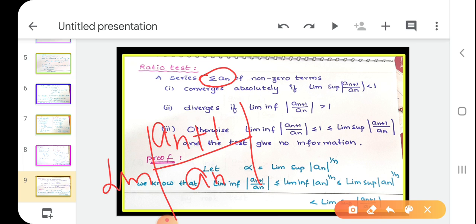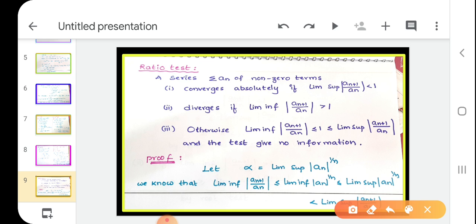If the limit of a(n+1) by an is less than 1, what do we say? The given series is convergent. If the limit of a(n+1) by an is greater than 1, we say the given series is divergent. Similar to the root test, if the limit value is 1, the test gives no information, that means the test fails.